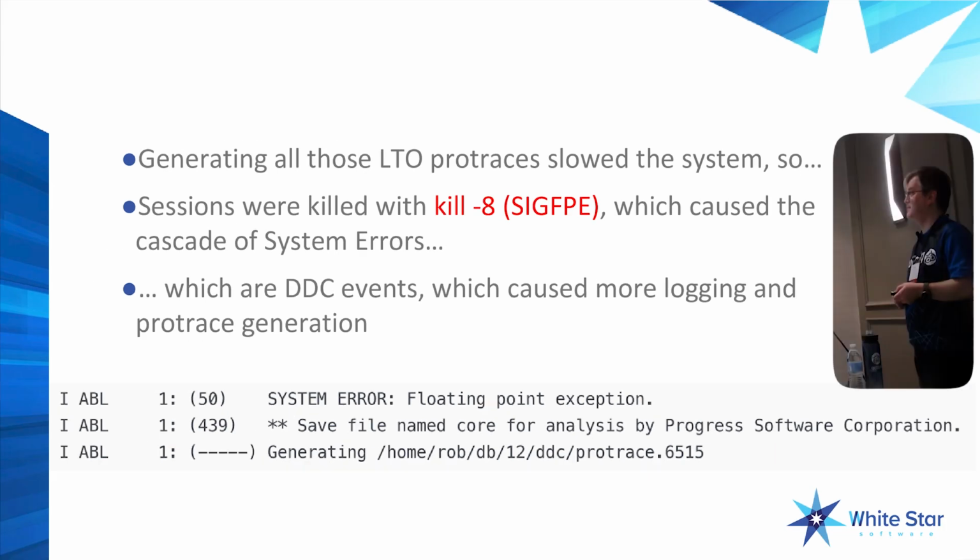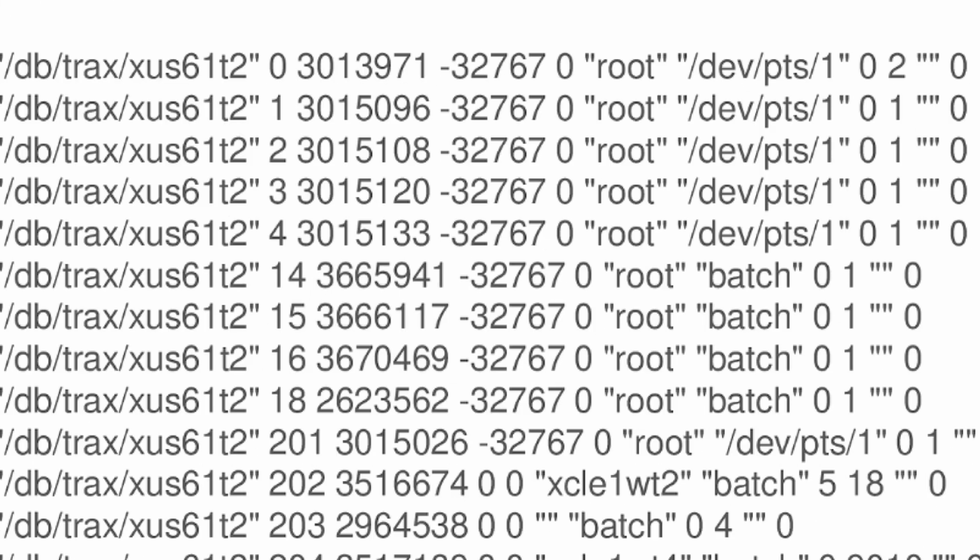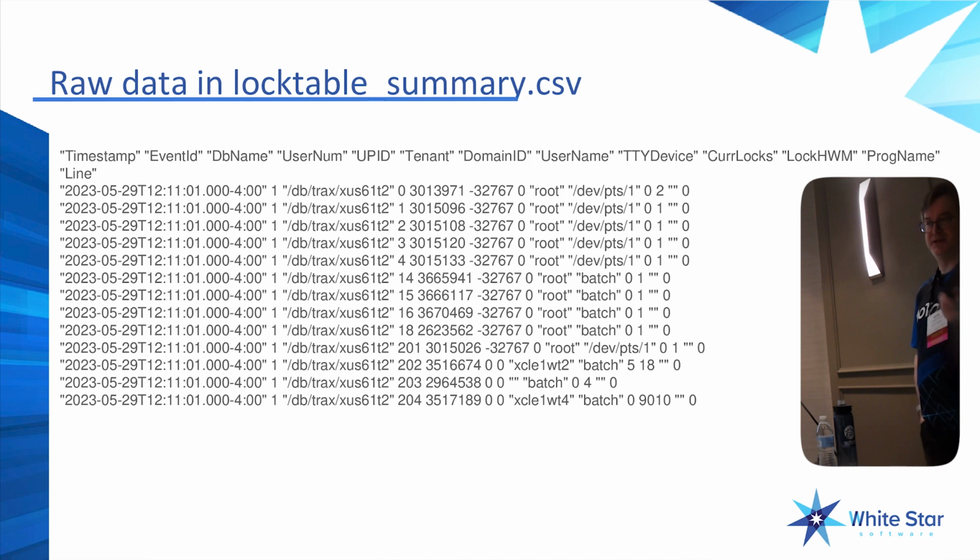Why? Because when they killed the clients, they decided to use kill -8, which is SIGFPE. If you're not familiar with that, that means floating point exception. And what does Progress think of a floating point exception? It's a system error. And we're also generating diagnostic data for system errors, so that just poured fuel onto the fire.